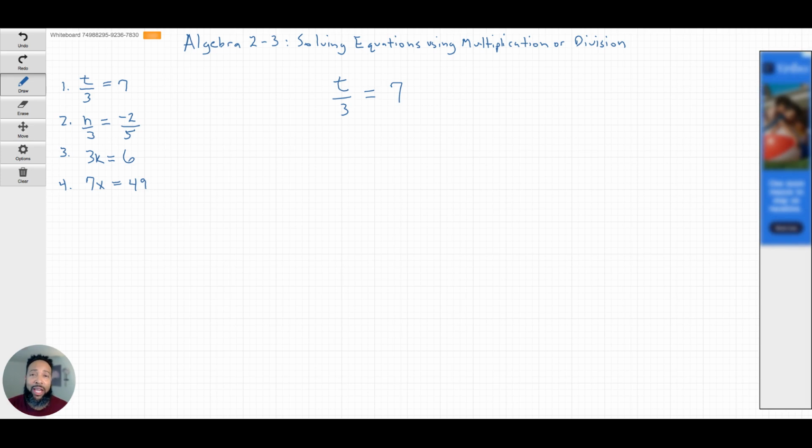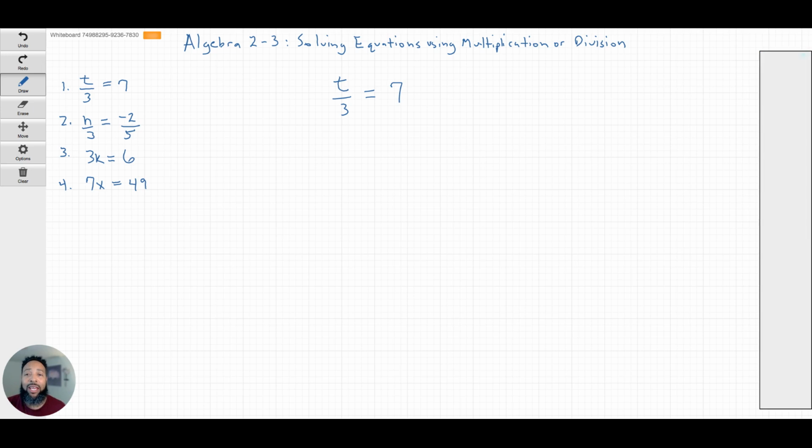Just because you're looking at it on an iPad or on your phone or some type of computer, you need to connect with the problem in order to solve it. You can't just look at it and get the answer by osmosis. So one of the greatest things you can do is just write the problem down. You need to connect with it. So even if you see it already on the screen, we have t divided by 3 equals 7.